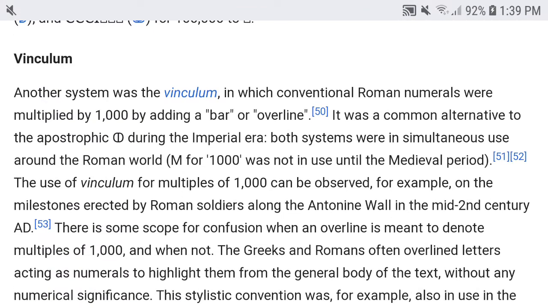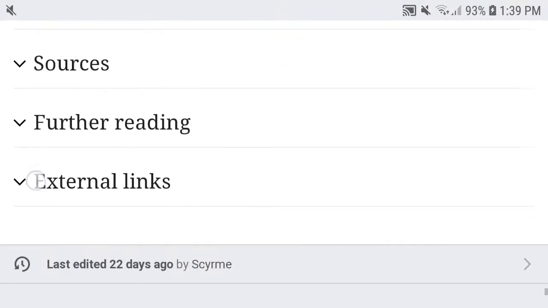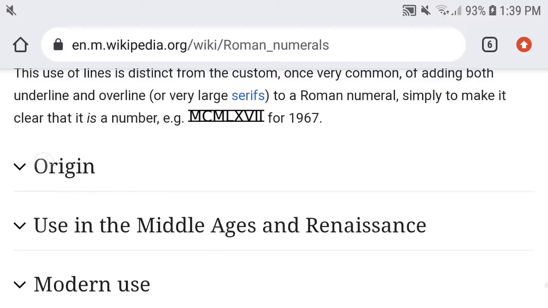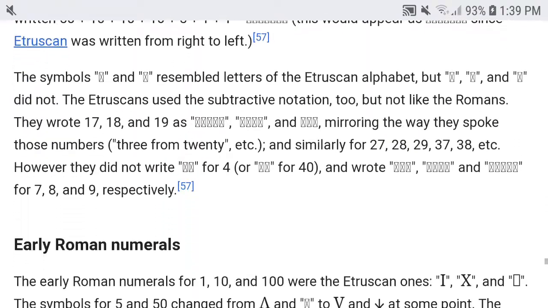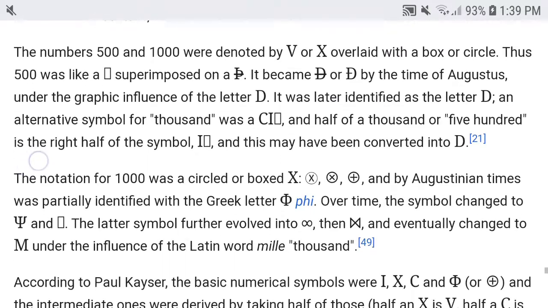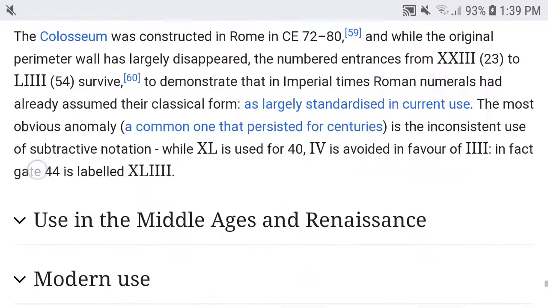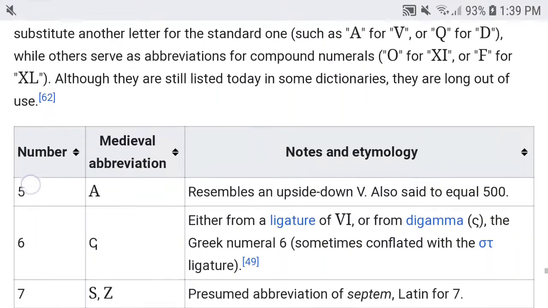But then again, there's supposed to not be any official structure on how to use Roman numerals. So yeah, I guess. Then origin. I think we already discussed a lot about this, but that's about it. Oh, that's a lot of symbols that I don't know what they mean, used in the Middle Ages and Renaissance.